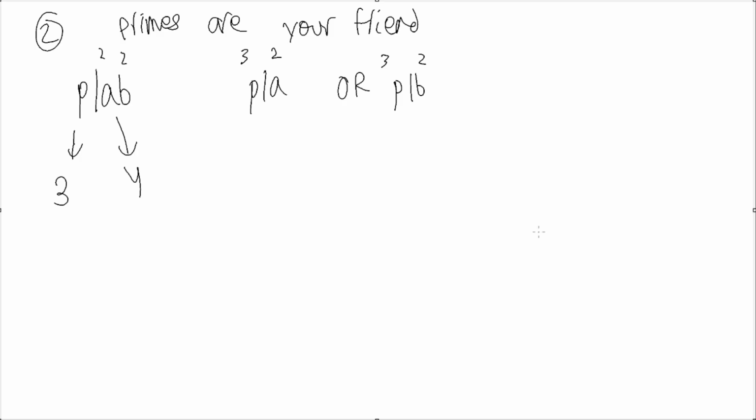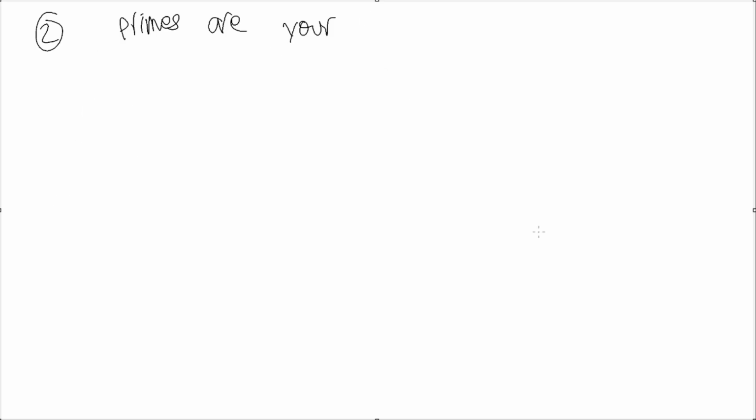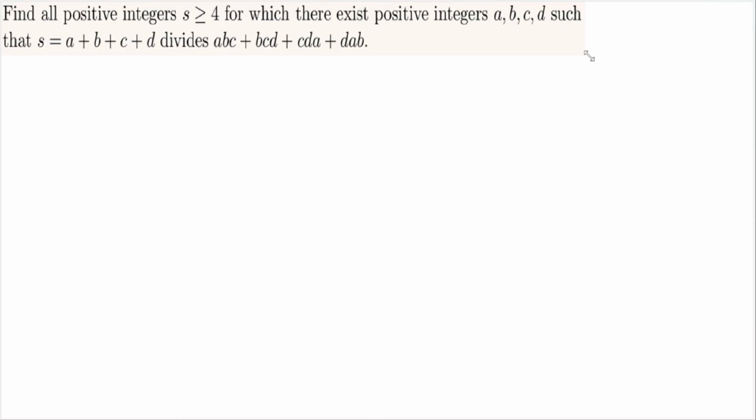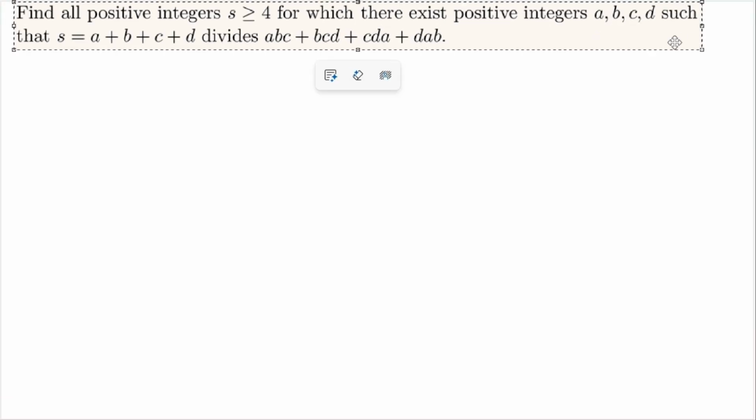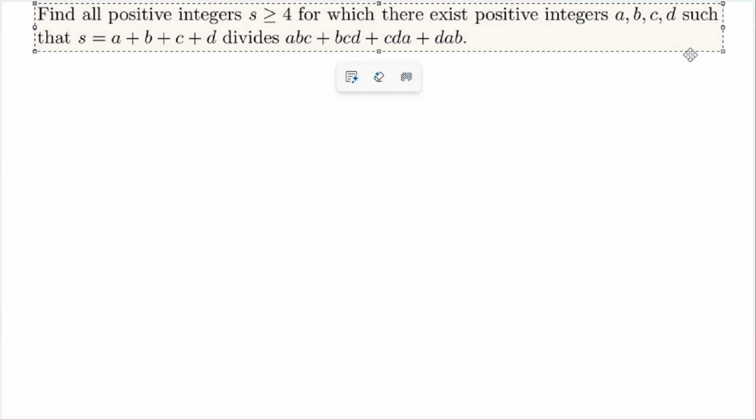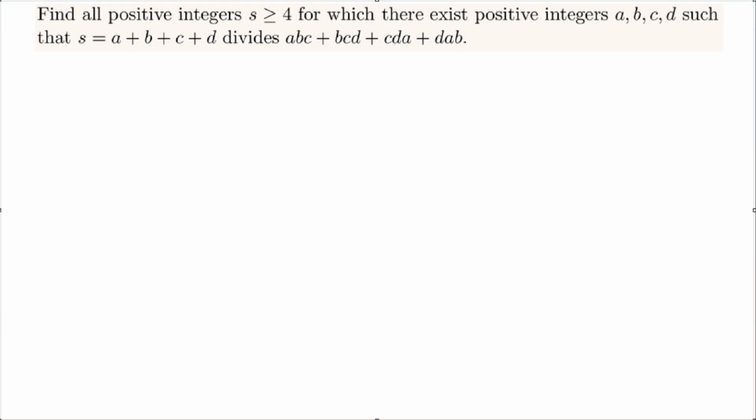Now let's go ahead and take a look at a very specific example regarding primes. And here it is.